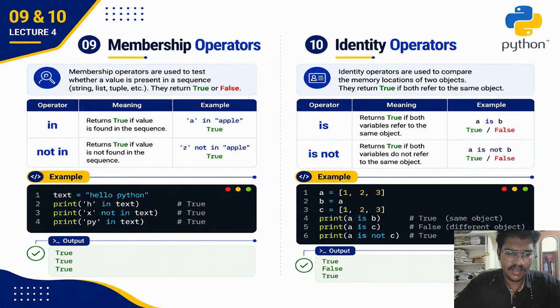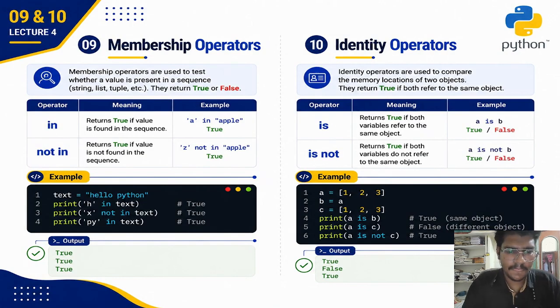The is operator returns true if two variables refer to the exact same object in memory, and the is not operator returns true if two variables do not refer to the same object.